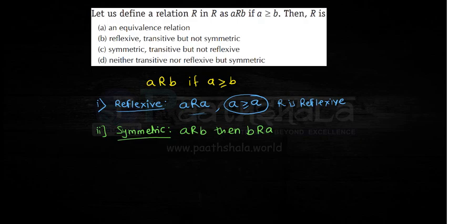Now, A is greater than or equal to B as per the condition, so there must be B greater than or equal to A. But what we have is A greater than or equal to B. For the equal sign, we can say it is symmetric, but we need to consider the greater than sign as well, the inequality sign here.